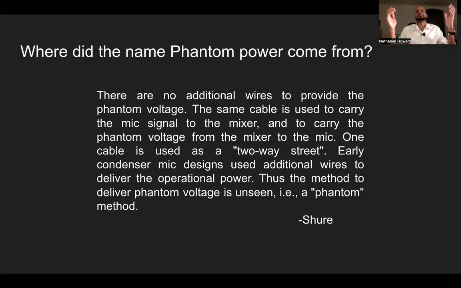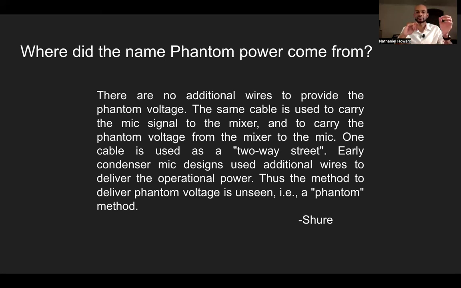So where did the name Phantom Power come from? It's a weird name. There are no additional wires to provide the phantom voltage. The same cable is used to carry the mic signal to the mixer and to carry the phantom voltage from the mixer to the microphone. One cable is used as a two-way street.